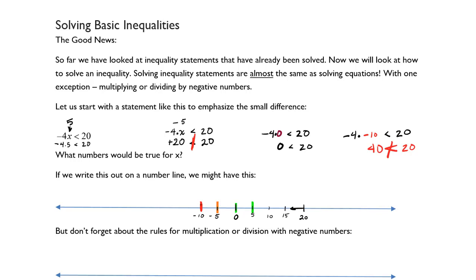So let's talk about the math behind why this is not working. Remember, we need something less than 20. We need numbers smaller than 20. So numbers multiplied to negative 4 have to be something that comes out smaller than 20. And so it appears that anything to the right of negative 5 is true.